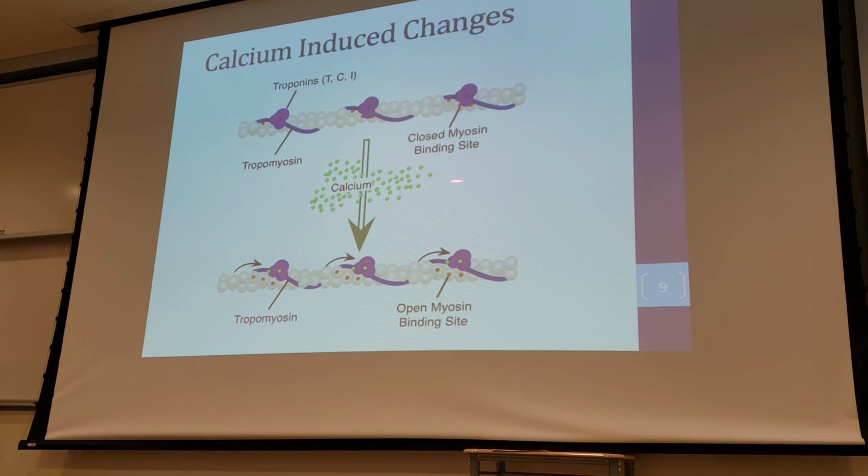And so now instead of having closed myosin binding sites, the tropomyosin is removed, and now all of a sudden, the favorite place for myosin to interact with actin is wide open. So now myosin can come in and bind, and we have a cross bridge established.